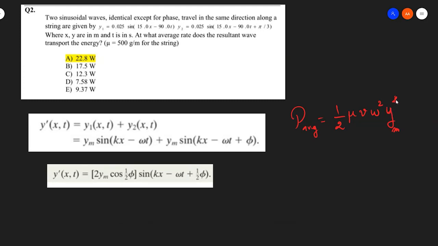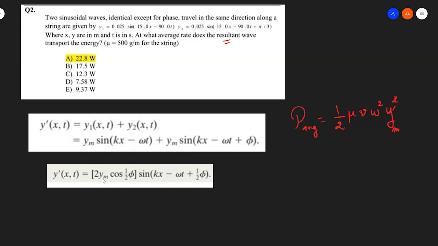Yeah, so this is what you studied in the lecture. Be careful here. They're talking about the resultant wave. They're talking about the resultant wave. So here you need to write y prime, just to remind you that you need to study this one. So you need to use the amplitude of the resultant wave, which is not ym.